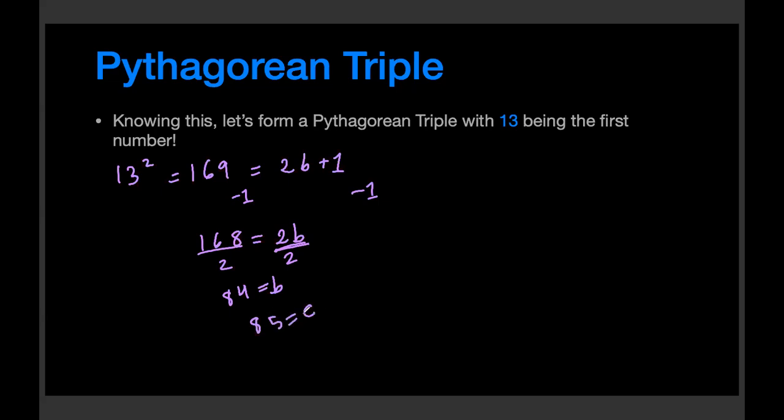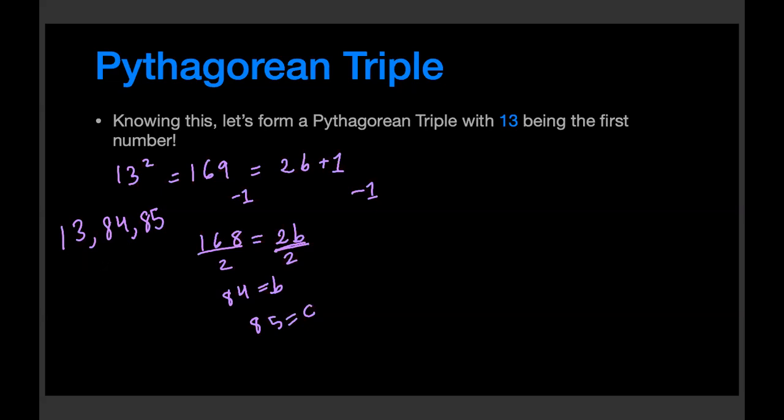Wow. I love that. That wasn't the way that we were doing it earlier, but it worked. You got to the correct answer. Yeah, it'd be 13, 84, and 85. That was a really interesting way to do it too. How else were we able to do this? Did anyone else use a different method?